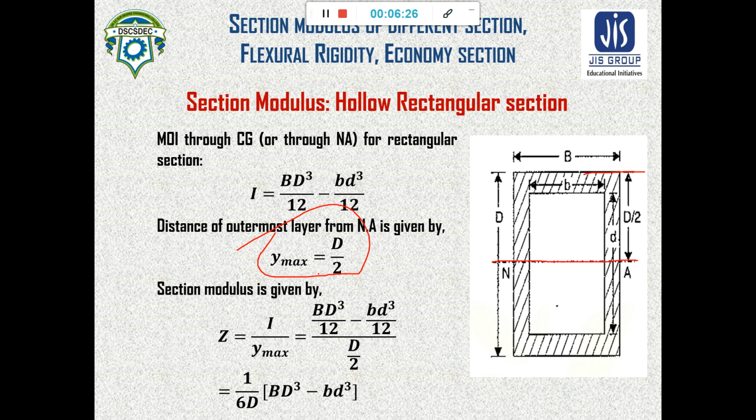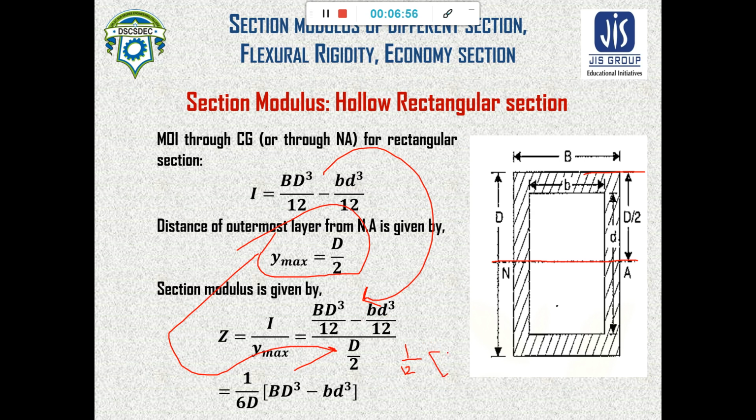Then if we put the value of I on the numerator, and this y max value on the denominator, and if we take common 12, then it will become 1 by 12, capital B d cube minus small b d cube.